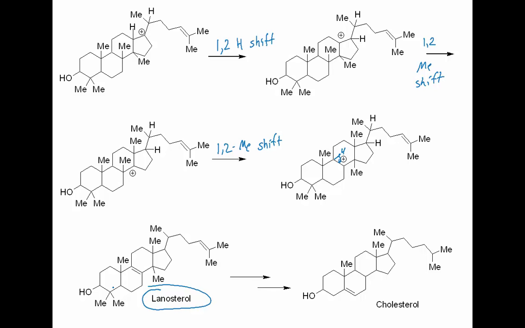Okay, we wouldn't put this on the exam, but it's important to realize that carbocation rearrangements are really very important not only in chemical systems but in biological systems as well. So understanding carbocation rearrangements is actually very important for understanding how natural products are made in biological systems.